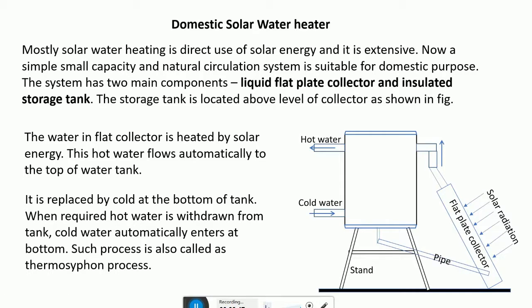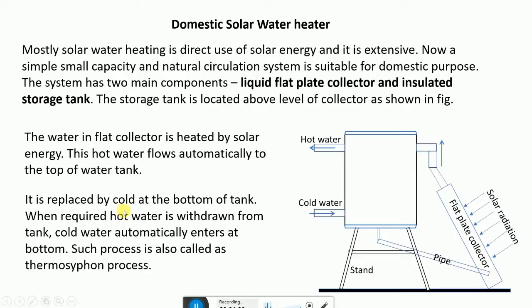The storage tank is located above the level of the collector as shown in the figure. The water in the flat plate collector is heated by using solar energy. This hot water automatically flows to the top of the water tank. It is replaced by cold water from the bottom of the tank.